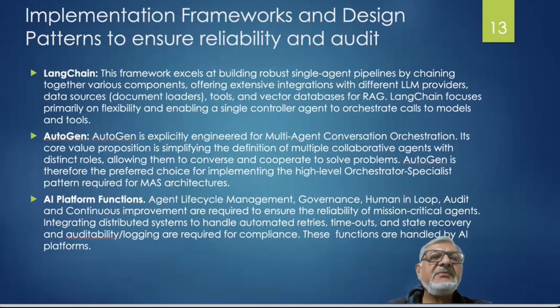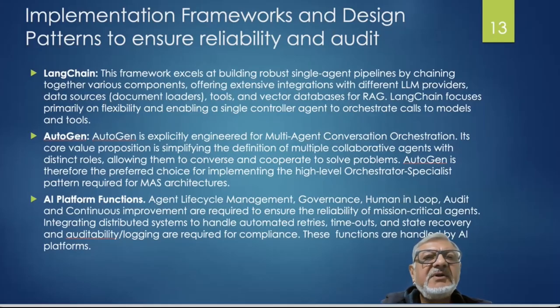Also there are implementation frameworks and design patterns which are emerging, which will ensure the reliability and audit of the enterprise AI applications. LangChain is one of the de facto standards emerging, which is more for single agent pipelines.